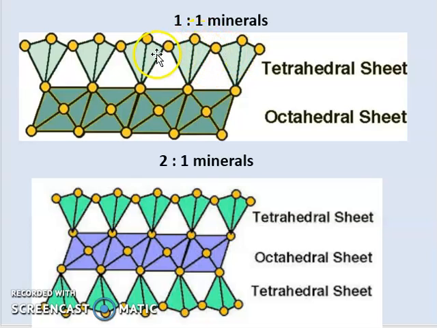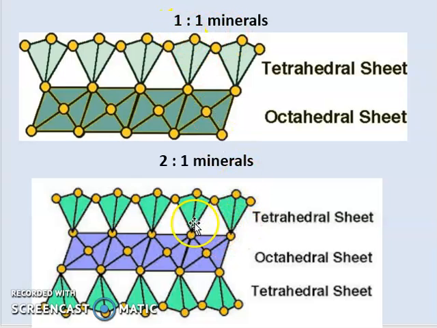This is a tetrahedra, as you see, 3 and 1, and this is the octahedra. If these are bonded with each other as in this shape, with 1 tetrahedra and 1 octahedra, the mineral is called 1,1.